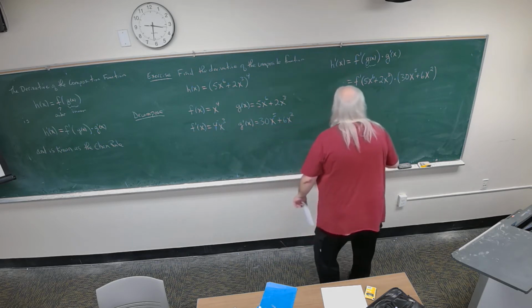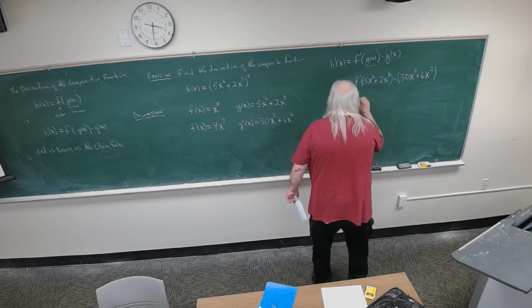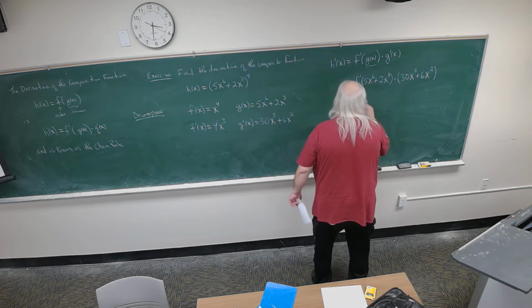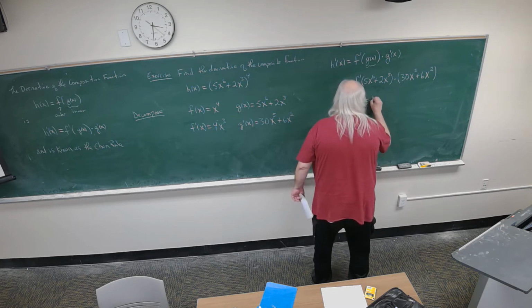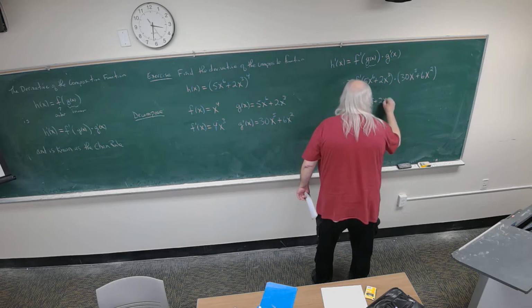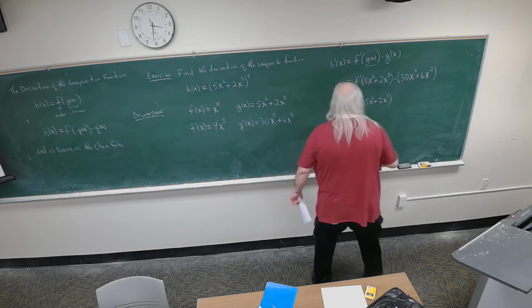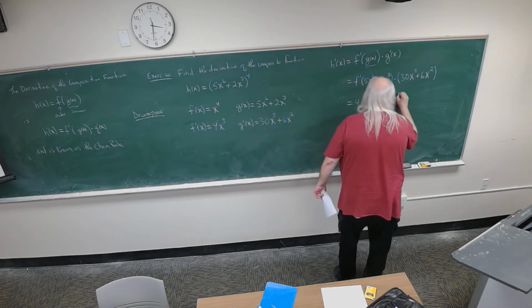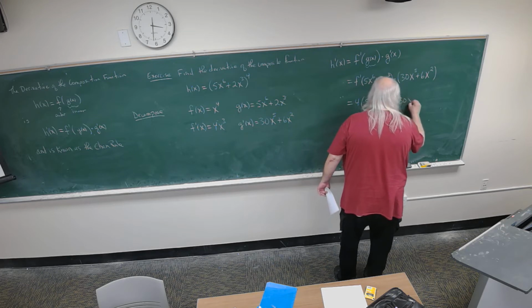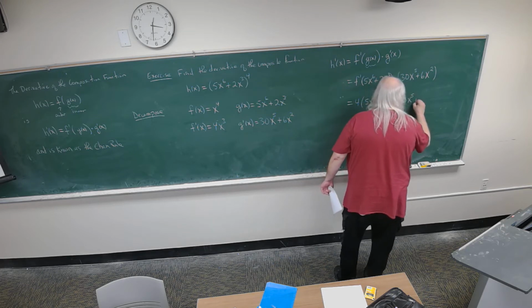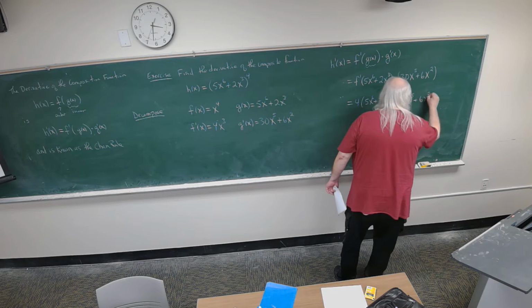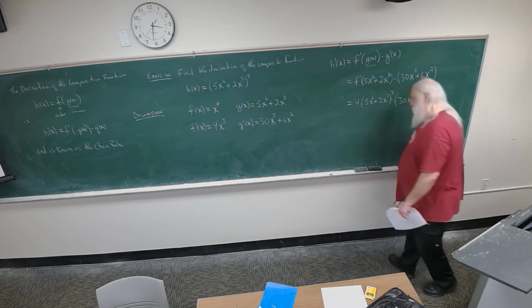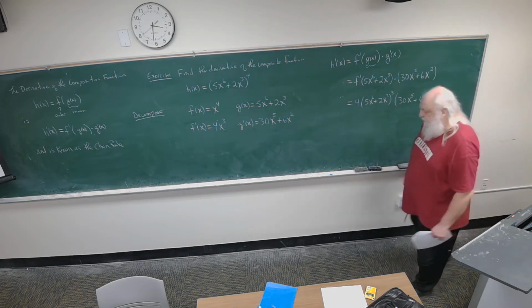And so we have 4 times 5x to the 6th plus 2x cubed, raised to the 3rd power, times 30 times x to the 5th plus 6x squared. That's h prime of x.